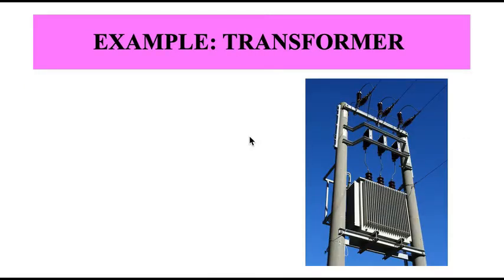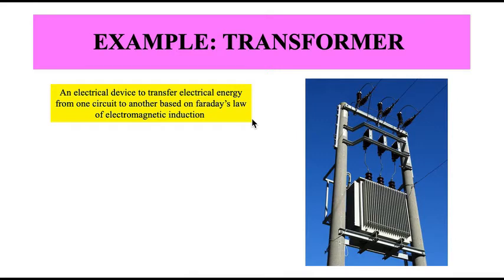So the next example, again we come back to the electrical domain, is that of a transformer. So what is a transformer? Just to recollect, it is an electrical device which transfers electrical energy from one circuit to another, and it works based on the laws of electromagnetic induction introduced by Faraday.